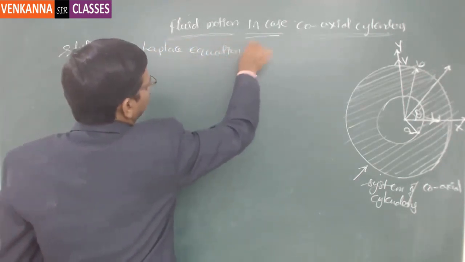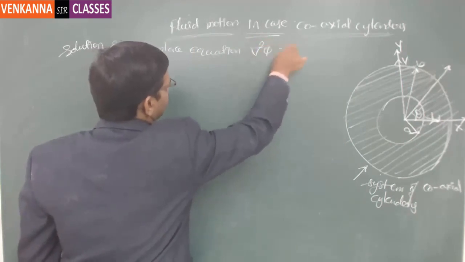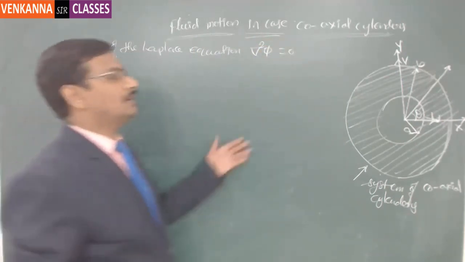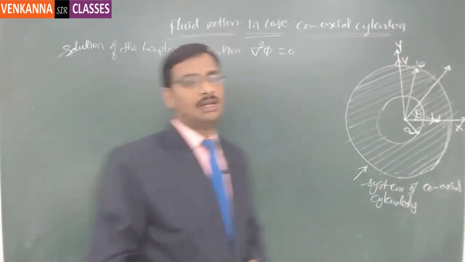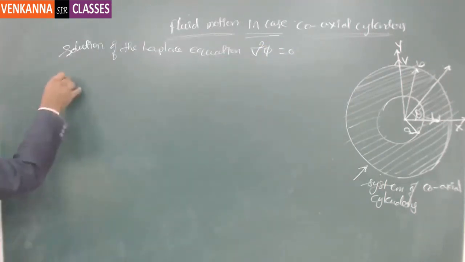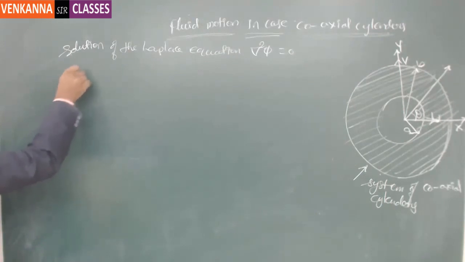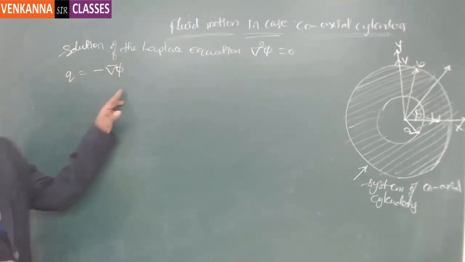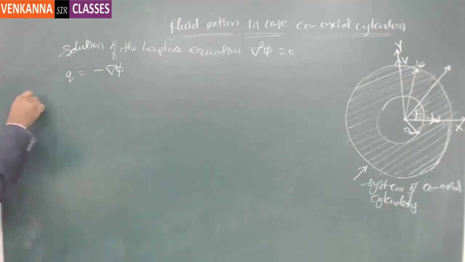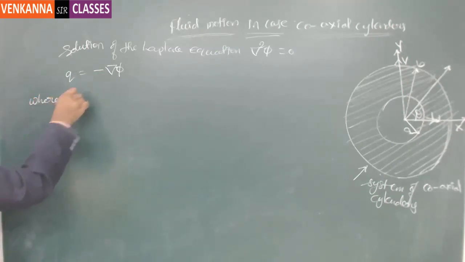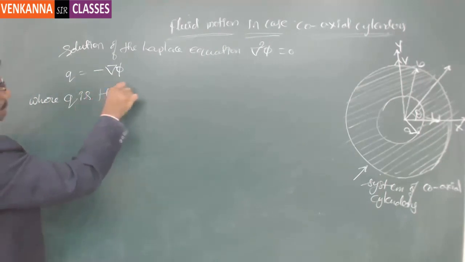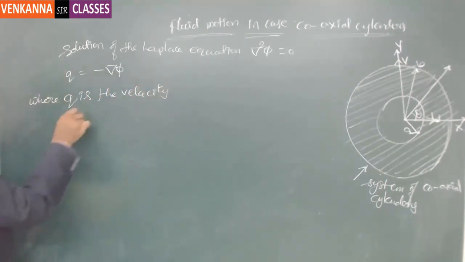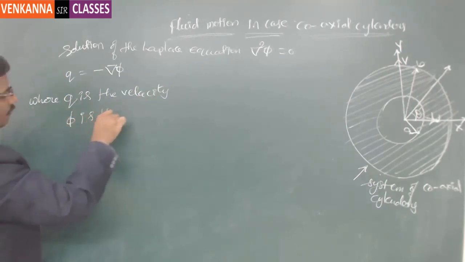Laplace equation, del square phi equal to 0. So this is the Laplace equation. Now here, our fluid will satisfy the Laplace equation. Let us say q is equal to minus del phi, where q is the velocity and phi is the velocity potential.